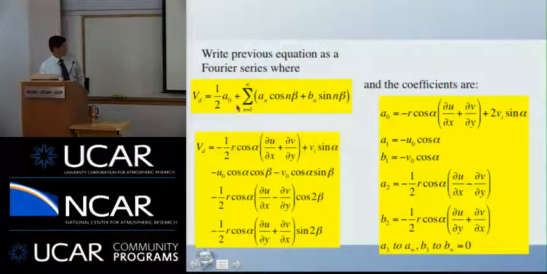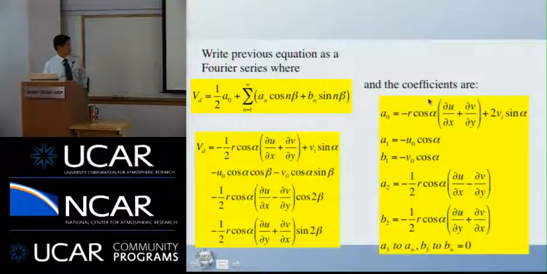If we match the coefficients between these two equations, this is a physical equation, this is a mathematical model of the wind field. By comparing the coefficients, we can obtain the VAD coefficients. A0, A1, B1, A2, and B2 are composed of different kinematic properties of the linear wind field.